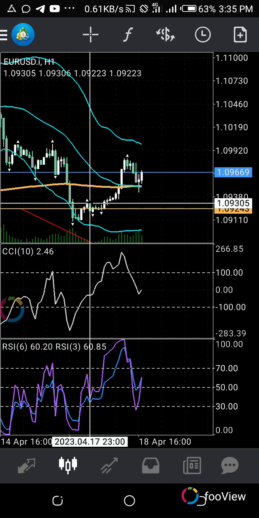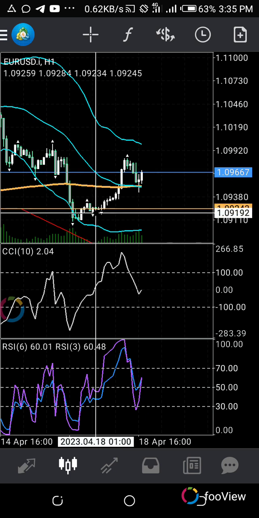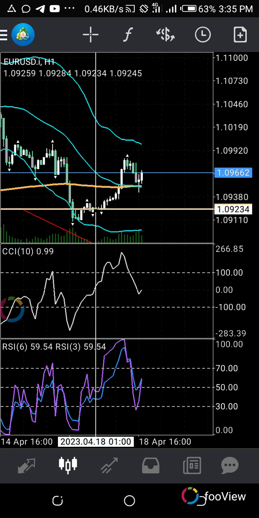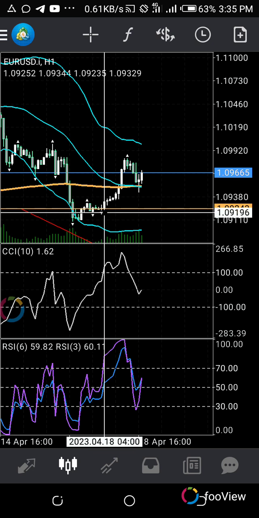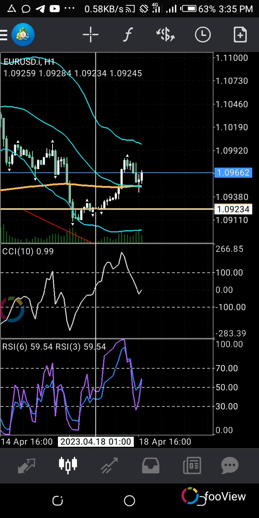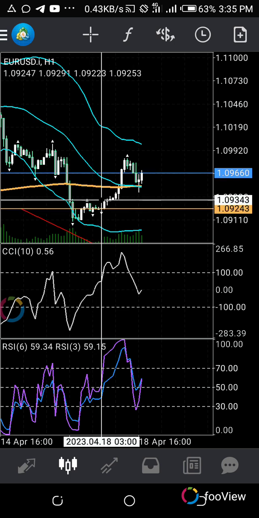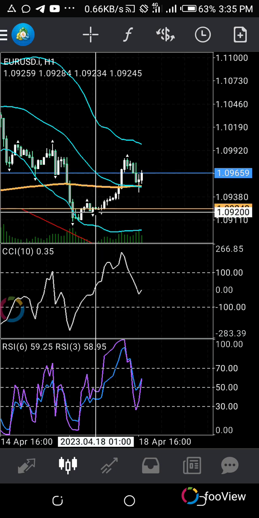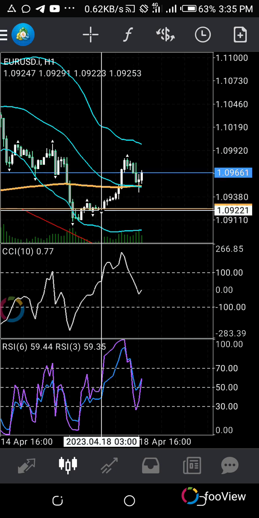Now when we have the first pattern, we have the first fractal. Now when we are going to enter this stage, we are not going to see the second fractal. Do you get it now? So we have one bearish candle, one bullish candle, one bearish candle, and one bullish candle. That is a W pattern. If you get it, that is a W pattern.